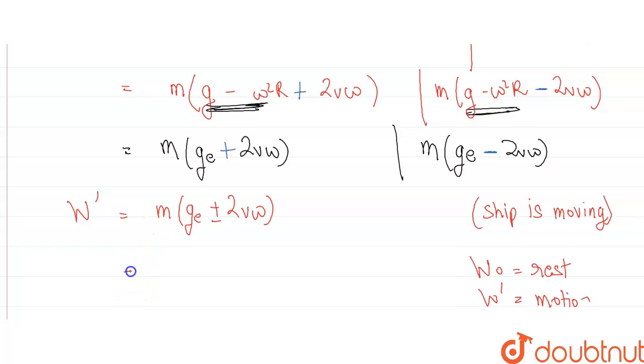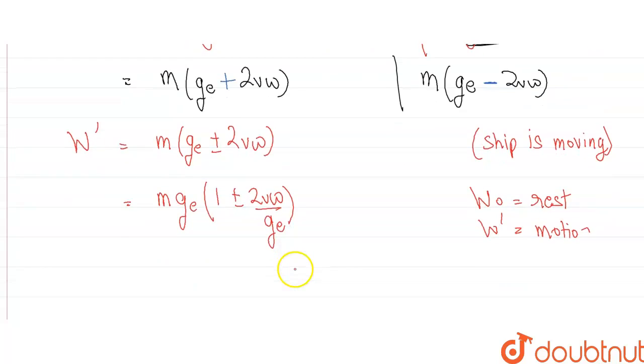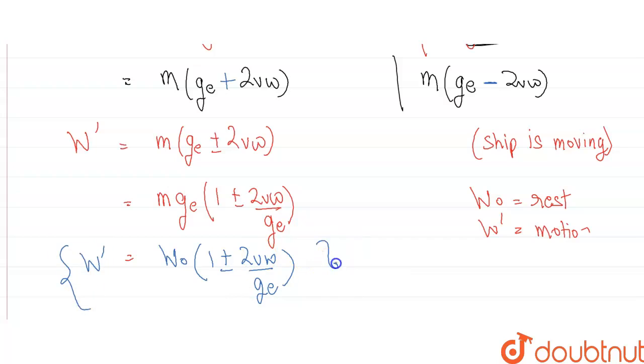If I take g common, m g times 1 plus minus 2v omega divided by g, it would give us w naught times 1 plus minus 2v omega by g. This is the apparent weight when it's moving.